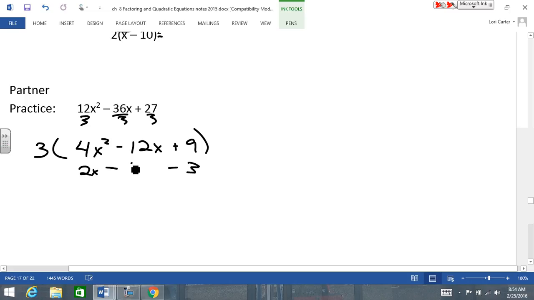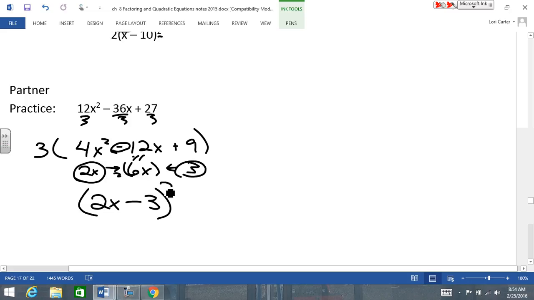Multiply, 6, and double it. So does it work? Yes. So what do we write? 2x minus 3 quantity squared. Yep, bring down the take along.